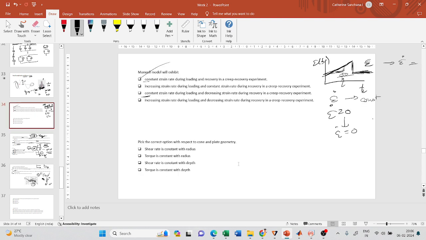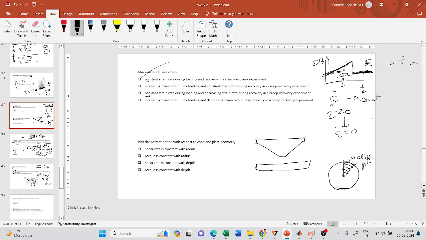Pick the correct option with respect to cone and plate geometry. So when I explained the parallel plate geometry, I said that with increase in radius, let me give a top view, my shear rate will vary because my velocity is different at different points.